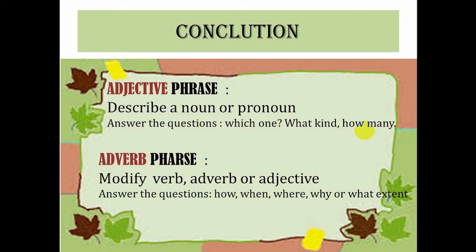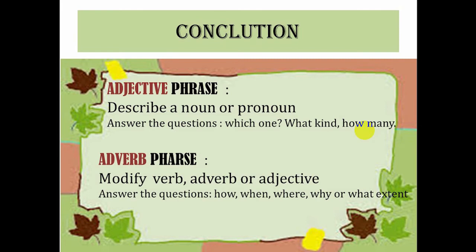Biasanya menjawab pertanyaan yang mana. Nah, biasanya itu kata benda, orang yang mana, benda yang mana, atau pronoun, kata ganti. What kind, how many. Nah, itu yang dijelaskan adalah kata benda. Jadi kalau menjelaskan kata benda, maka disebut dengan adjective phrase.